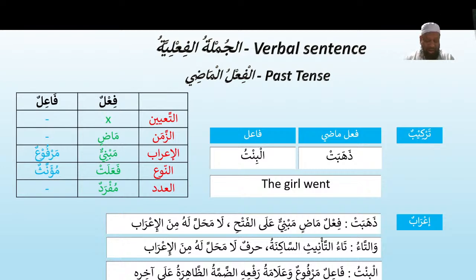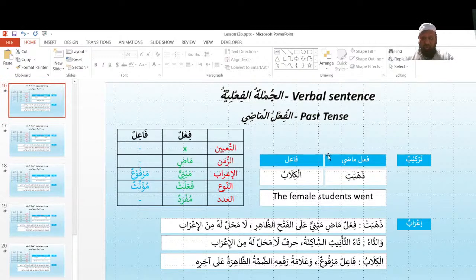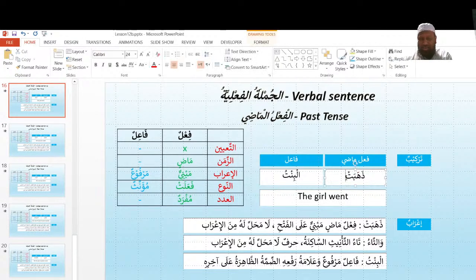So in the Arabic language, two sukun cannot come together. If it does, we need to do something about it. So let's do something here as we've learned before. This ta sakina, we must put a kasra to continue. Now we can say ذهبت البنت. ذهبت البنت.